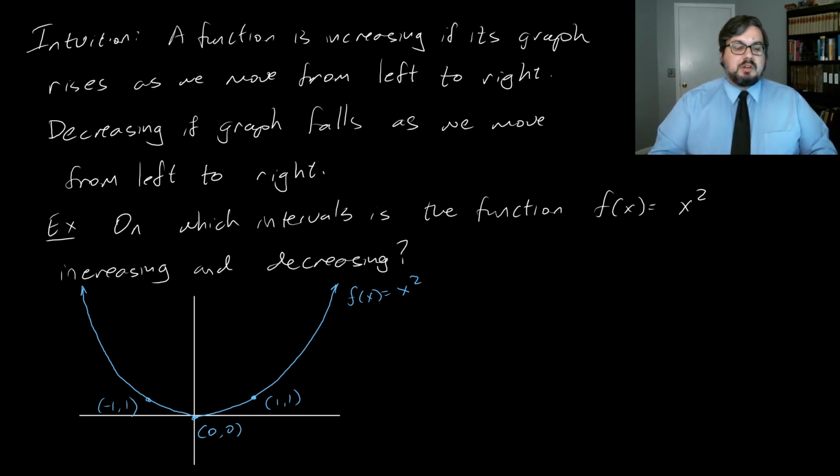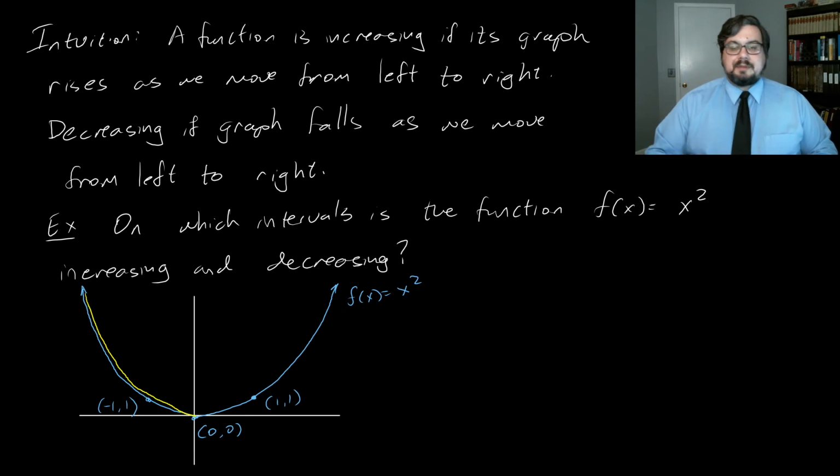So let's start over on the leftmost part of the graph. If we look at what's happening over here on the leftmost part of the graph, we can see that as we move from left to right, the values of the function are falling, that we are getting lower and lower as we move from left to right along the graph until we finally get down to the origin here.